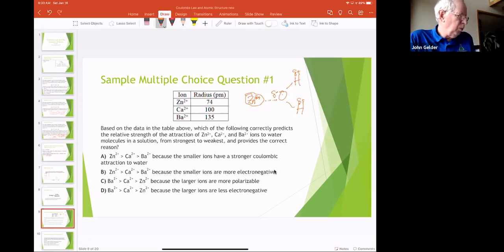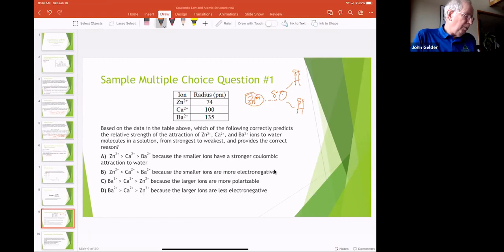Yes, we would want you, and have asked these kinds of questions before, to orient a water molecule about a particular ion. And you can see that calcium and barium have higher ionic radii compared to zinc. What's the same about those 3 ions is they all have the same +2 charge, but what's different is their relative distance.